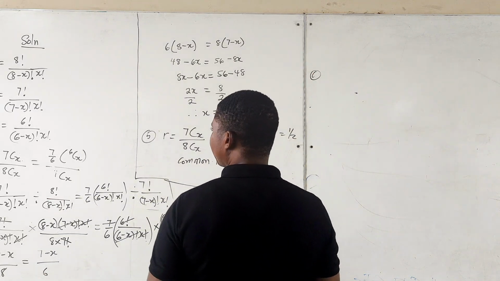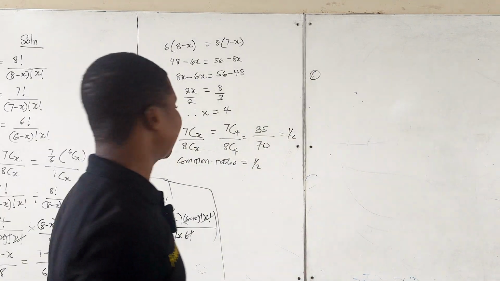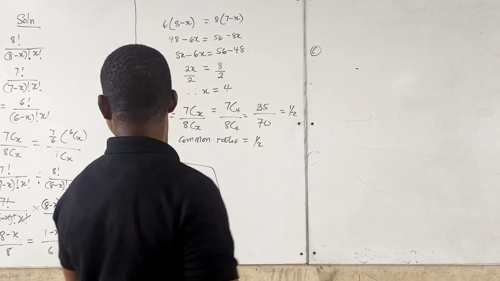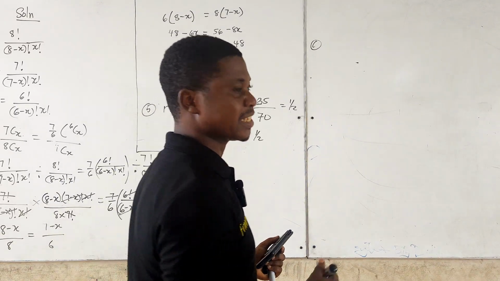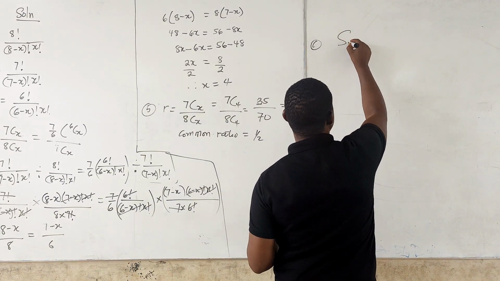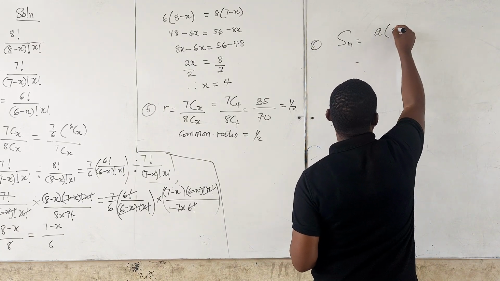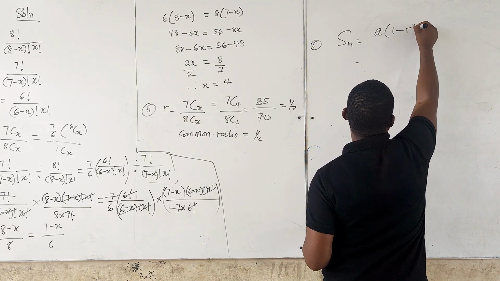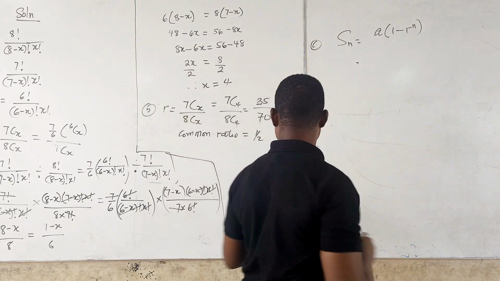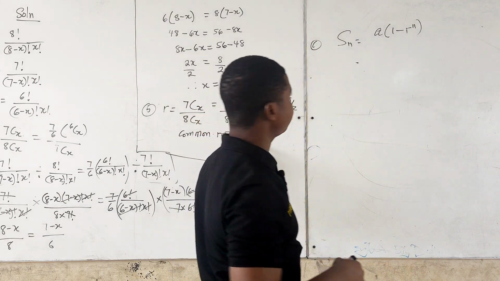Now, the C. The C is telling us to find the sum of the first 10 terms of the sequence. To find the sum, the formula is Sn is equal to A into bracket 1 minus R to the power n over 1 minus R. It's 1 minus R to the power n because the common ratio is less than 1.